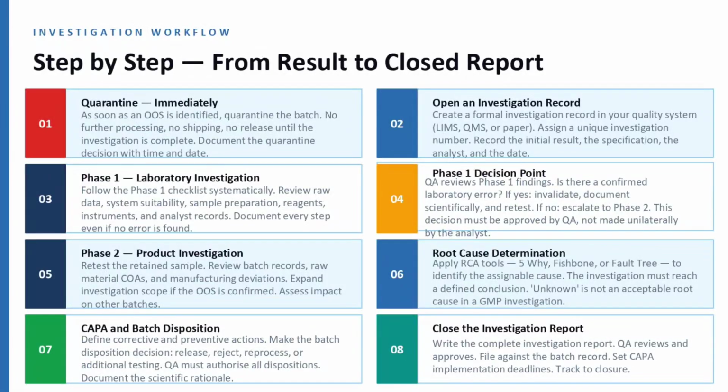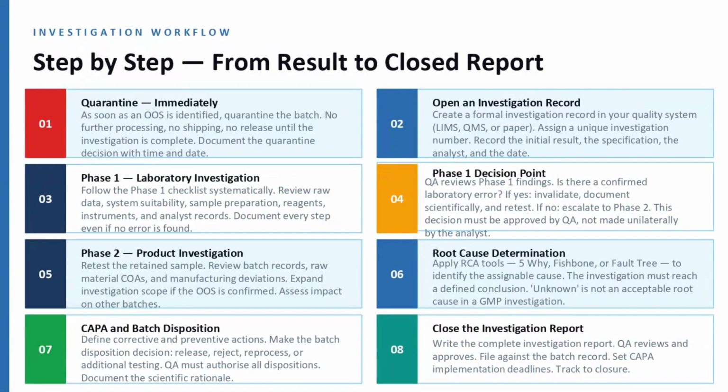Step 5. Phase 2 product investigation. Retest the retained sample. Review the batch record. Extend the investigation scope as needed. Document all findings systematically. Step 6. Root cause determination. Apply your root cause analysis tools, the 5Y method or the fishbone diagram, to identify the assignable cause.